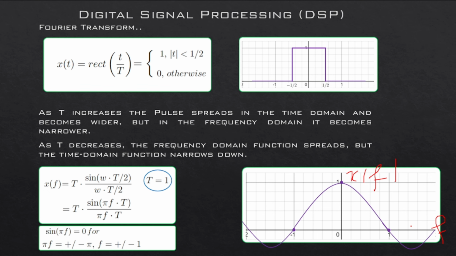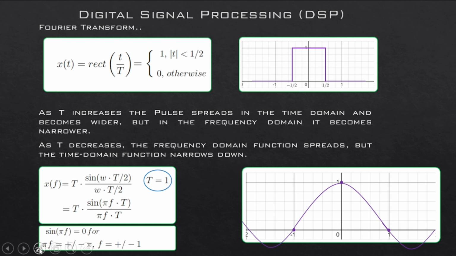Then the next point would be 2π and minus 2π. So if πf equals plus minus 2π, the same way, the next intersection point would be for f equal to plus 2 and f equal to minus 2. So on and so forth. Of course, it dies out quickly, but this is the form of the plot of the sinc function.